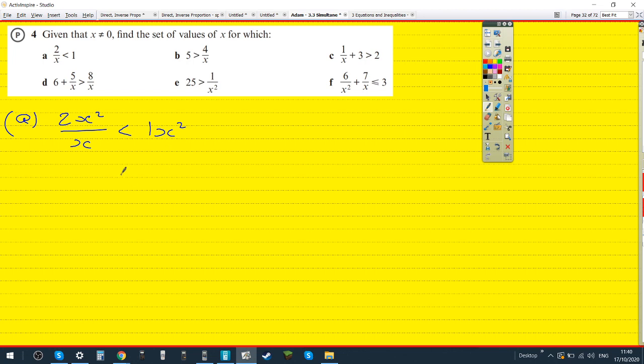Yeah, and what will be next? And then it's simplified to 2x is less than x squared. Next step. You make it equal to 0, so you minus x squared on both sides. Yep. And you'll be fine for the rest of that. I was just making sure.